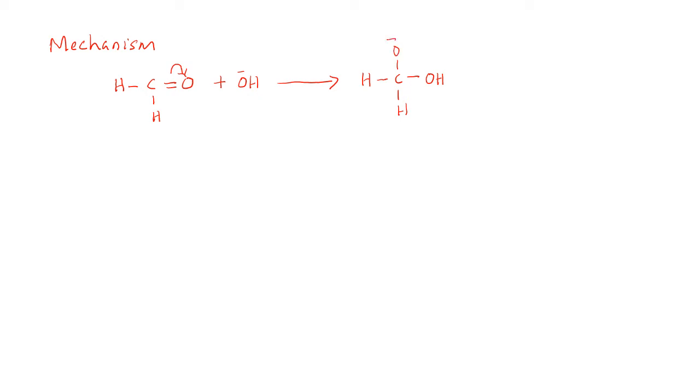The OH minus gets added to the positive charge carbon and we get an alkoxide ion. And this ion exchanges a hydride ion with the second formaldehyde molecule.